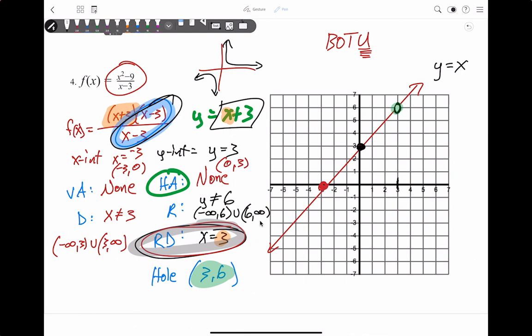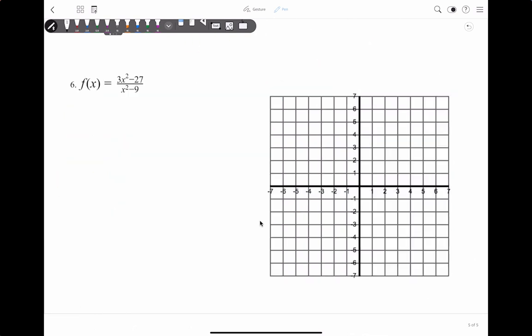Let's find number 6. And the reason why I'm wanting to do 4 and 6 is because they are a little bit different and weird comparatively to the other ones. But what you see with number 4 and 6, you will easily be able to understand number 5 when you go to the notes, okay? So let's do number 6. Factoring is our first step.